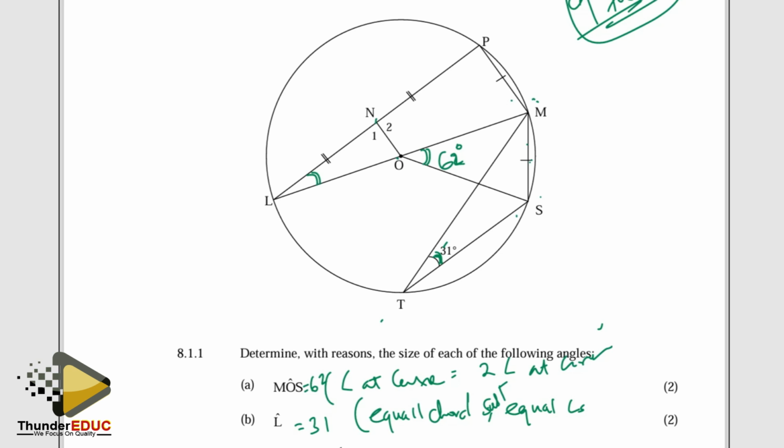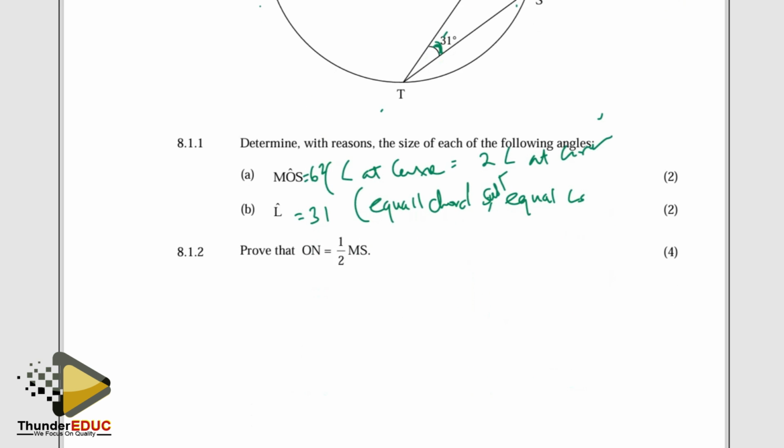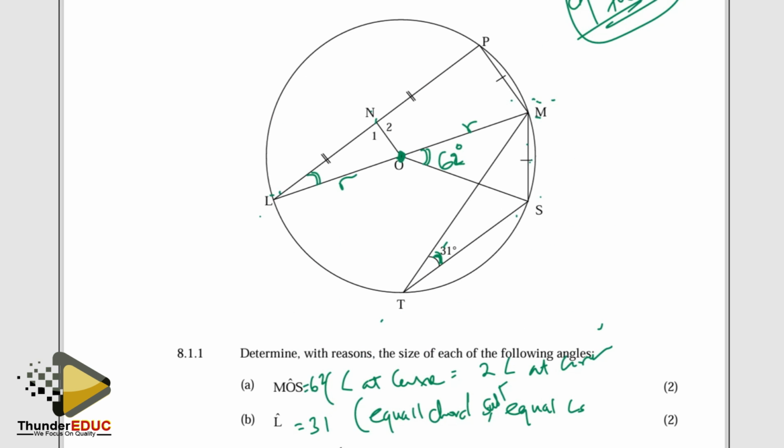So if that is true, we know that O is the center of this line, which is the diameter, which means this is a radius, that's also a radius. From the question, they told us that this is the same as that, which means we're going to have what we call the midpoint theorem. Okay, midpoint theorem. So if we can prove that it's a midpoint theorem, then we're good to go.